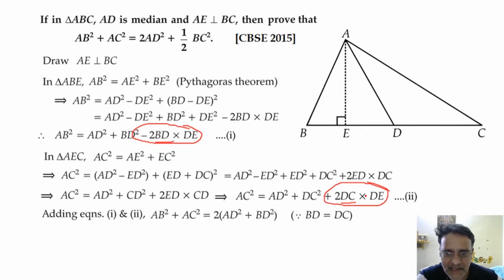So this 2 will be cancelled and we are getting AD square plus DC square. DC को replace करेंगे BD से. So 2 times AD square, 2 times BD square. ये स्टेप क्लियर हो गया. अदरवाइज what we can do, यहाँ पे जो इक्वेशन 2 लिखे हैं यहीं पे हम लोग इसको BC कर लेते हैं. That would be better. BD.